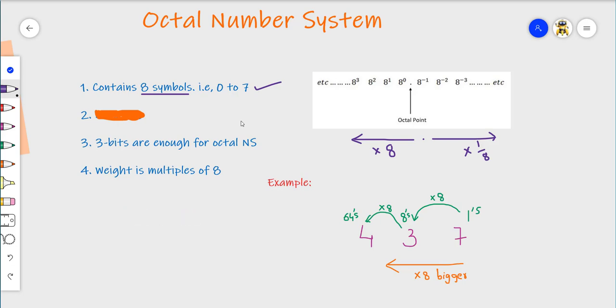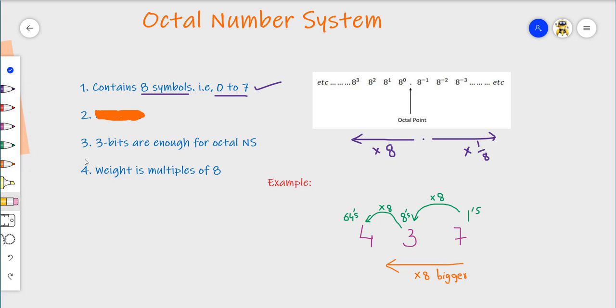And what are these 8 unique symbols and digits? As you can see, it is 0 to 7. That means it's 0, 1, 2, 3, 4, 5, 6 and 7, of course. So it has 8 distinct symbols, that is 0 to 7. As it uses 8 distinct digits, what is the base?